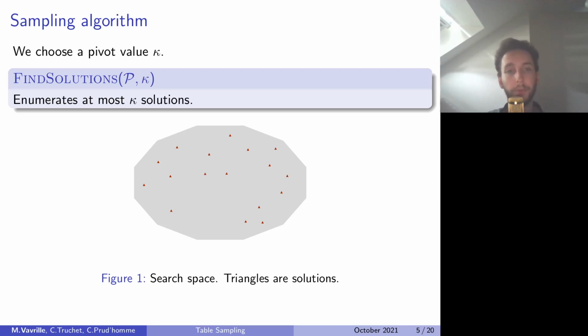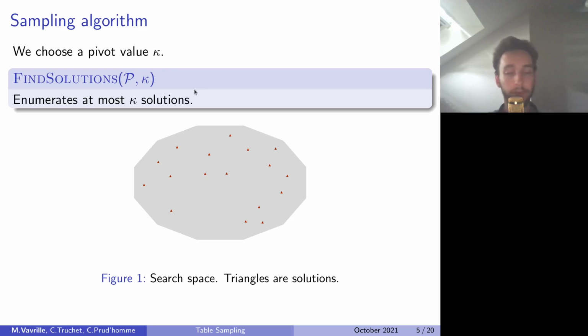So the property of this function is that if it returns kappa solutions, it means that there are probably more than kappa solutions remaining in the model. But if this function returns fewer than kappa solutions, we know that all the remaining solutions have been returned. We have this function because we can't enumerate all the solution space.